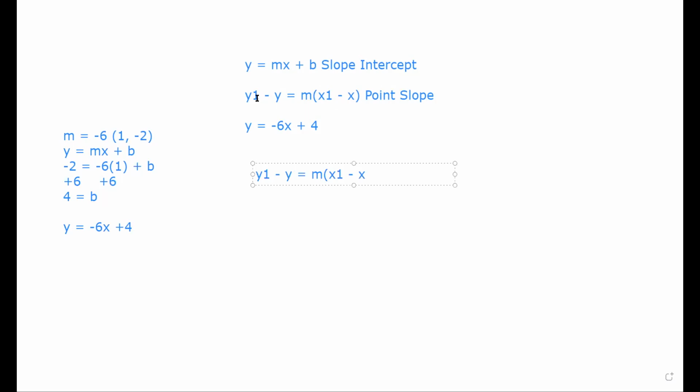I think I have these backwards. Yeah, I do. Should be y minus y1, because the y1 signifies the actual point that's involved.